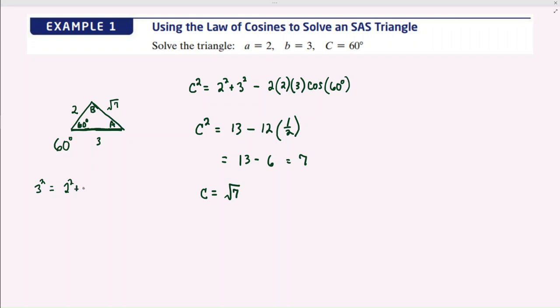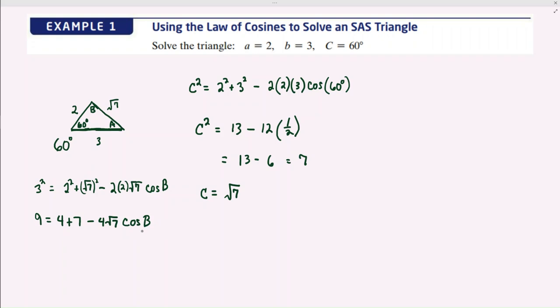So that's going to be 2 squared plus the square root of 7 squared minus twice the product of 2 and the square root of 7, and then all that times the cosine of B. Okay, so we end up here with 9 equals 4 plus 7 minus 4 square root of 7 times the cosine of B.